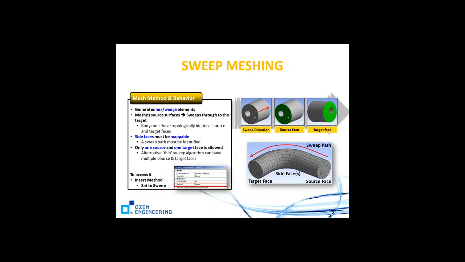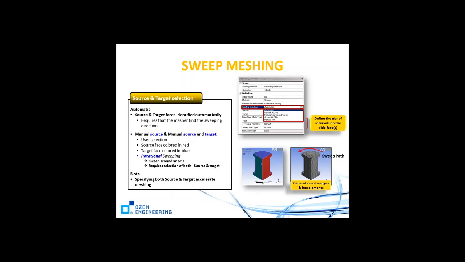And if your geometry lends itself to sweep meshing, this is the best one of all because it's very easy, but you need to have a geometry that lends itself to that sweep method. So you can use the sweep method, and you're going to get all hexes. But in real life, it's very difficult to get sweep meshes.